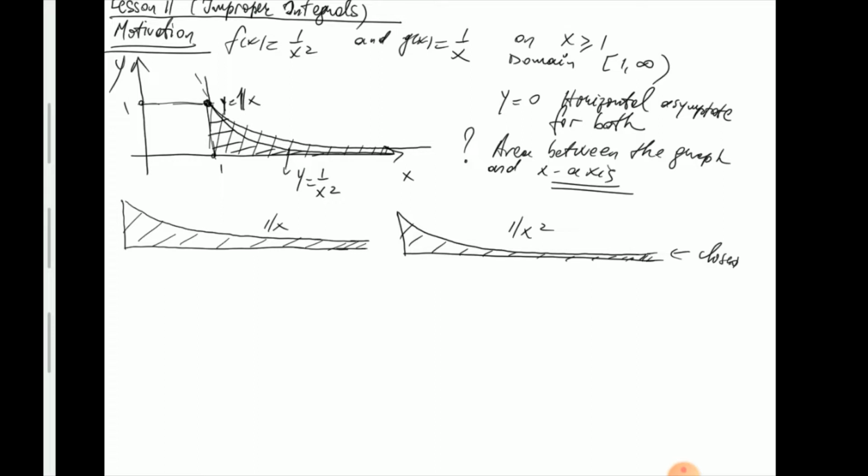Without a precise definition. So hopefully for calculus and in real analysis in general, the notion of a limit comes to rescue. To give a precise answer to this question, what this area is, begs the question, what is the integral from 1 to infinity of each of these functions?